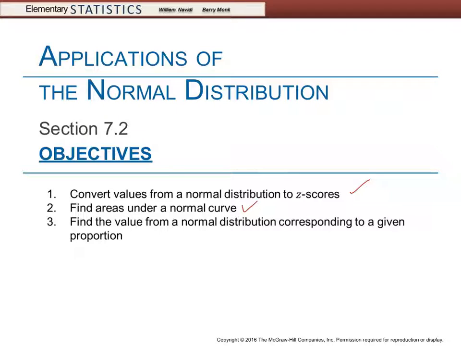And then, given a value from a normal distribution, using a z-score, we're going to find the corresponding proportion and then find the value for x.